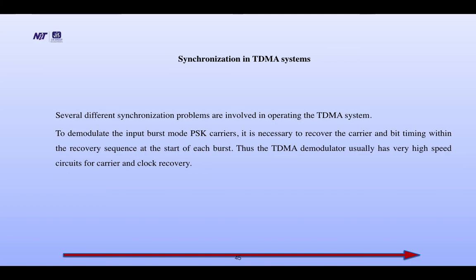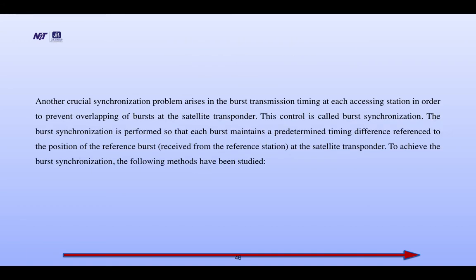Thus, the TDMA demodulator usually has very high speed circuits for carrier and clock recovery. Another crucial synchronization problem arises in the burst transmission timing at each accessing station, in order to prevent overlapping of bursts at the satellite transponder. This control is called burst synchronization.